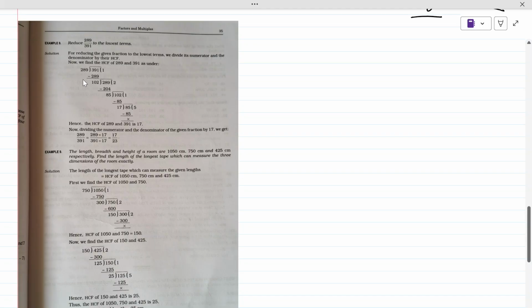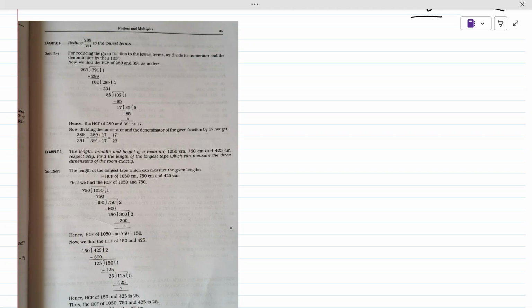So the same we have done here. We are given 289 and 391, 391 being the bigger number. We have kept it inside. This is our dividend and 289 is our divisor. And again, using this division method, in the 4 steps, we have found out the divisor, we have found out the remainder as 0 and the HCF, that is the common number, as 17.